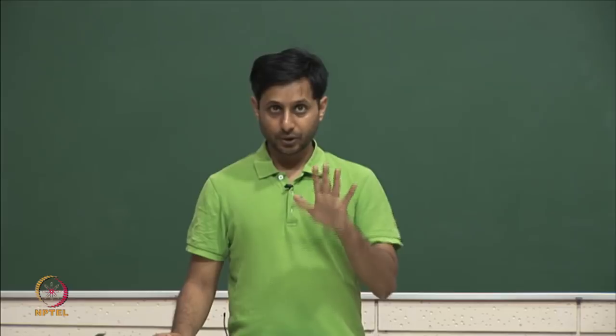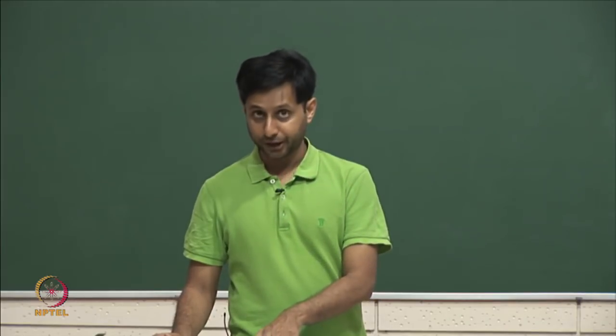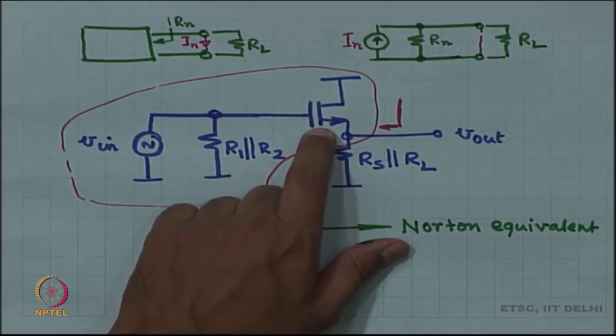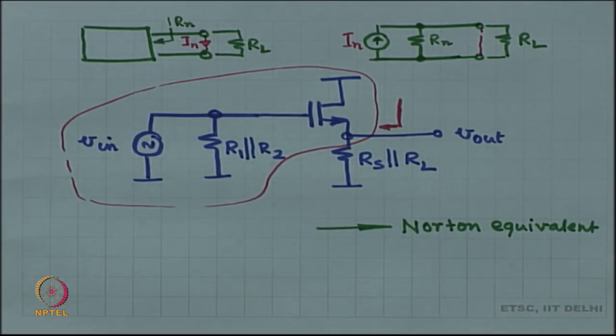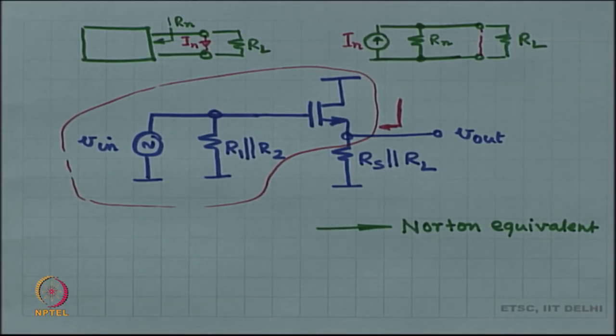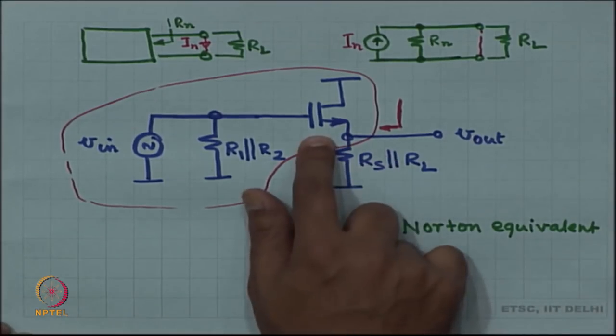The first step, notice that I have not yet redrawn the MOSFET. I need to replace the MOSFET with its small signal model. I will do it. I just want to elaborate a little bit as to what exactly I want to do before doing it.